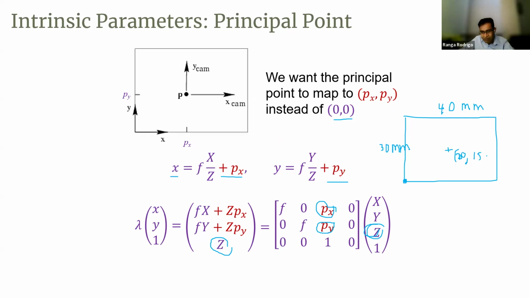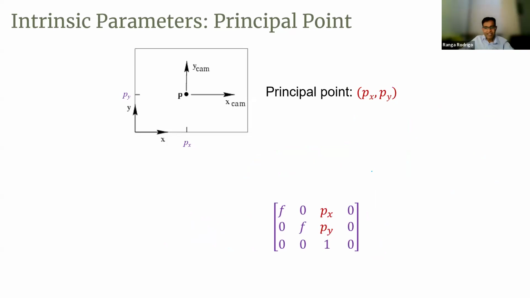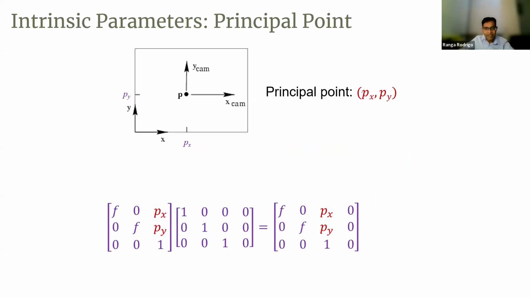Half of those, 20 and 15. That's what px is. This is my px, and this is my py. I hope that's clear to you. So now we have incorporated that. Remember, all these things are in millimeters. Okay, I hope that point is clear. Principal point has been incorporated.